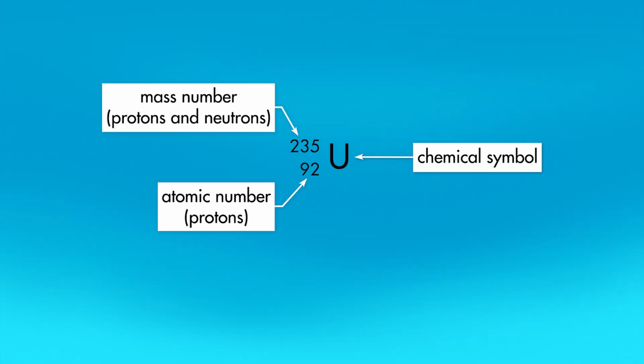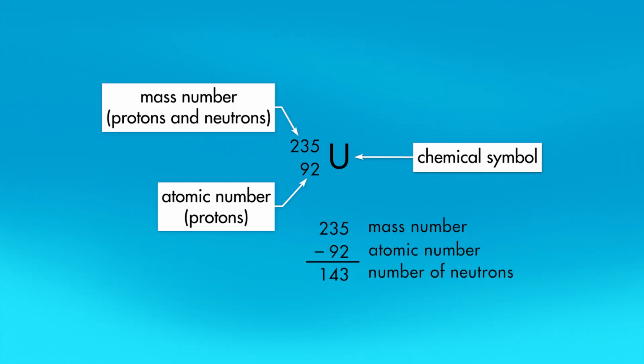The superscript 235 is the mass number, which tells us the total number of protons and neutrons in its nucleus. By subtracting the atomic number from the mass number, we can calculate how many neutrons are in the nucleus of the isotope. In this case, we see that uranium-235 has 143 neutrons.